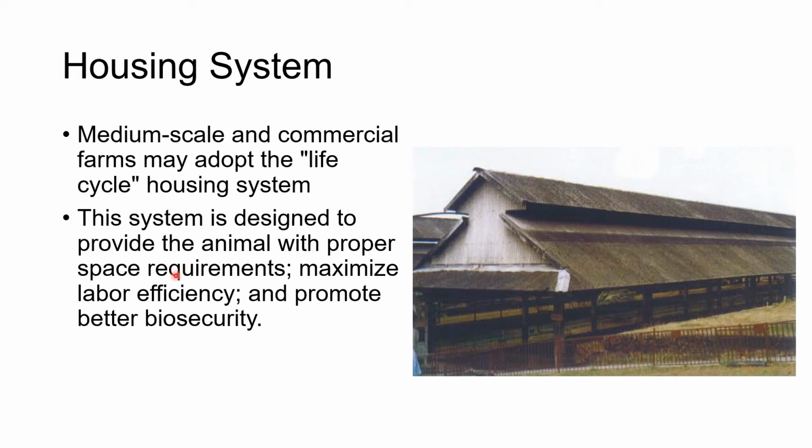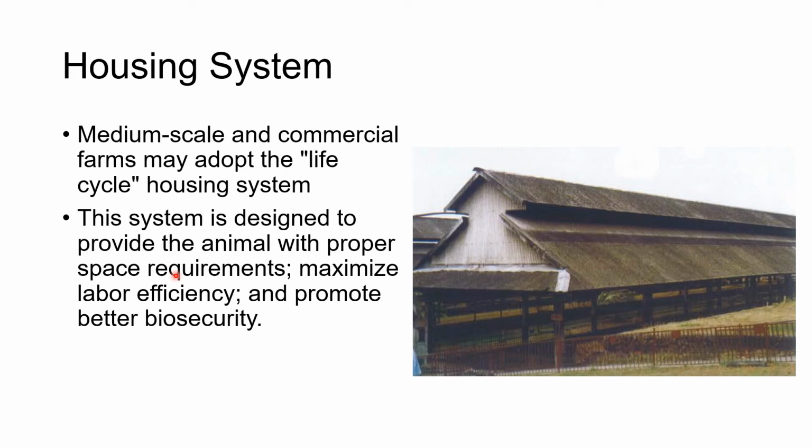Kasi, for every part of the life of the animal, from suckling hanggang sa growing, sa finishing, lahat yan may iba't ibang space requirement. So, yung advantage nitong housing system na ito, it is to provide proper space requirement doon sa animal.